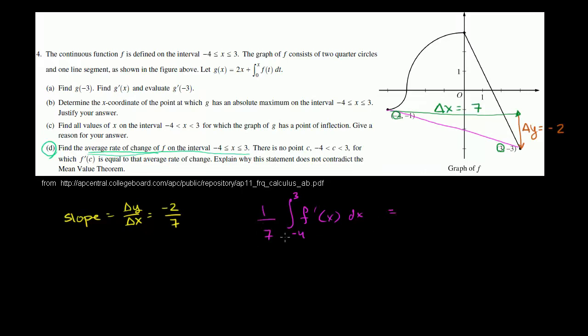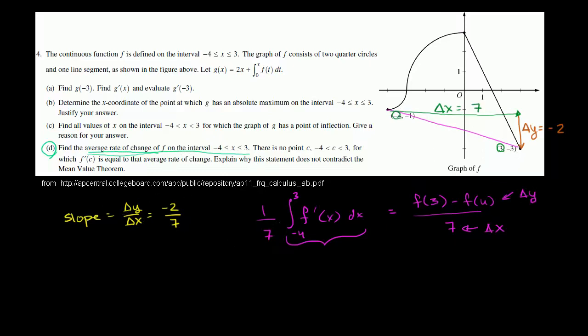But then this part right over here is just going to be f of 3 minus f of -4. And then you have a 7 in the denominator. So this is really just your change in x, which it was by definition, or how we actually set up this average. And this over here is really just your change in y. So it really is just the slope between the endpoints.